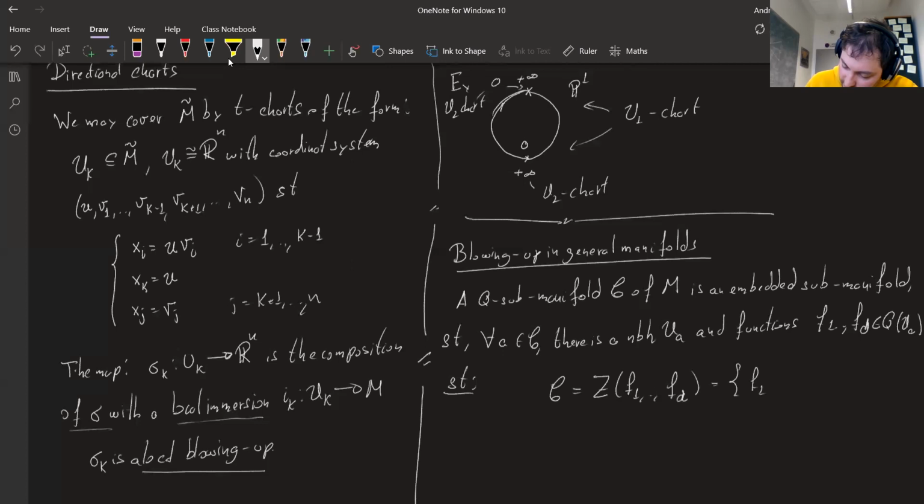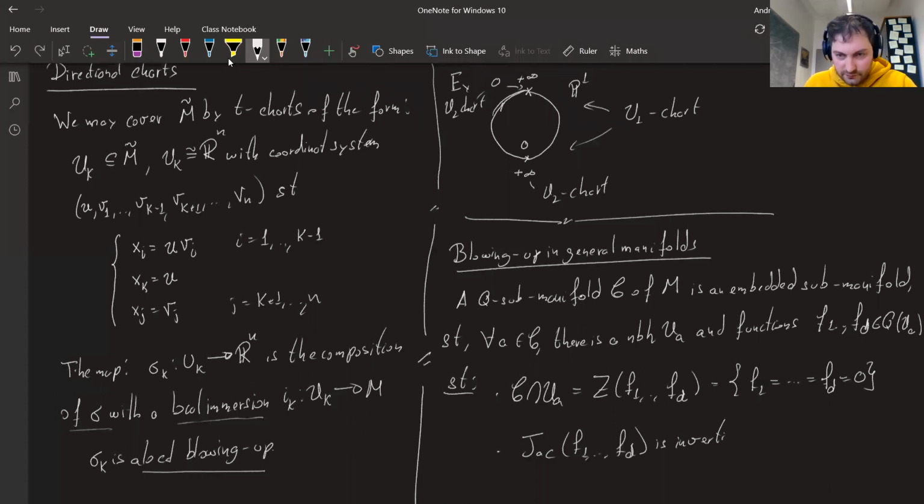So I'll write once again: C intersected with U of a equals F1 equals ... equals Fd equals 0. And the Jacobian of F1, ..., Fd is invertible, so it has maximal rank.